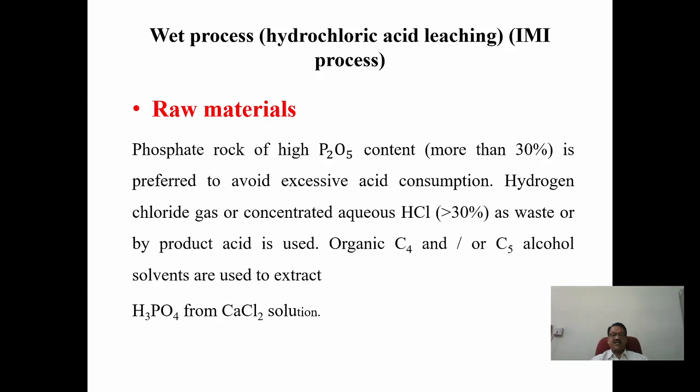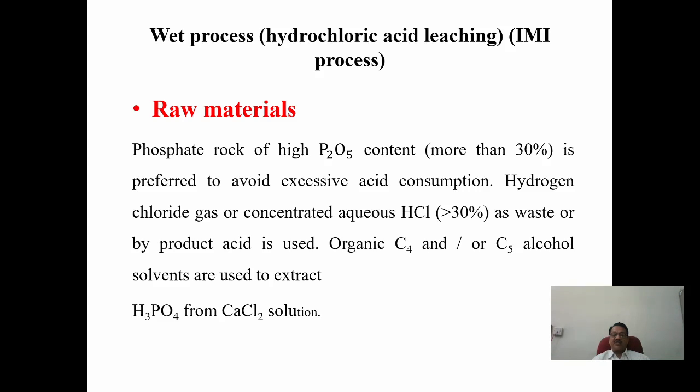Next, we will discuss another wet process, the hydrochloric acid leaching process or IMI process. Here, the raw materials required are phosphate rock of high phosphorus pentoxide content, more than 30% is preferred to avoid excessive acid consumption.